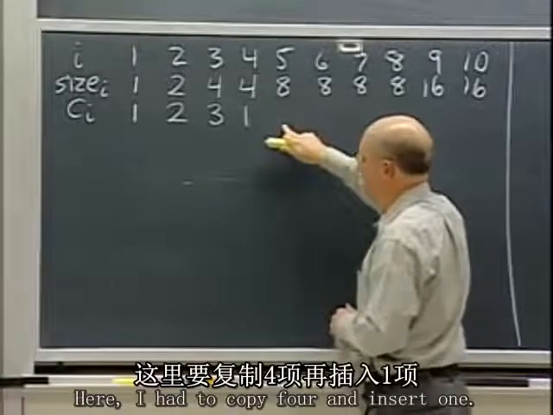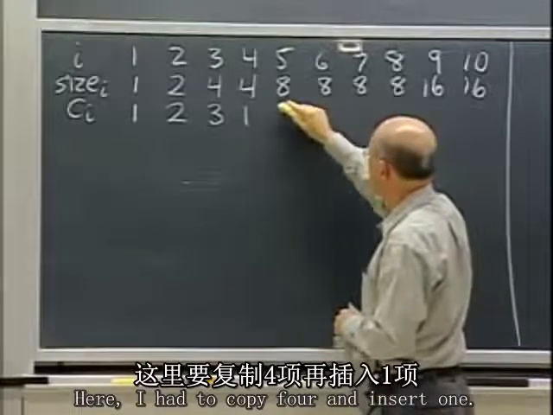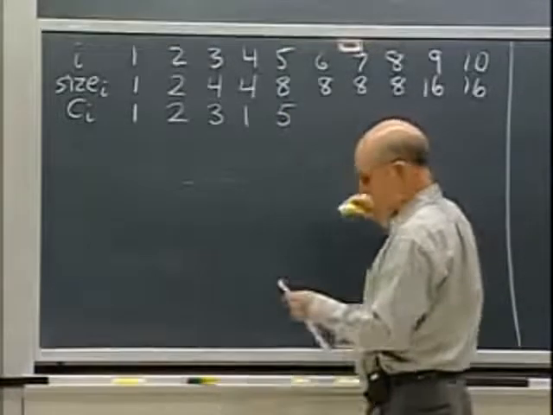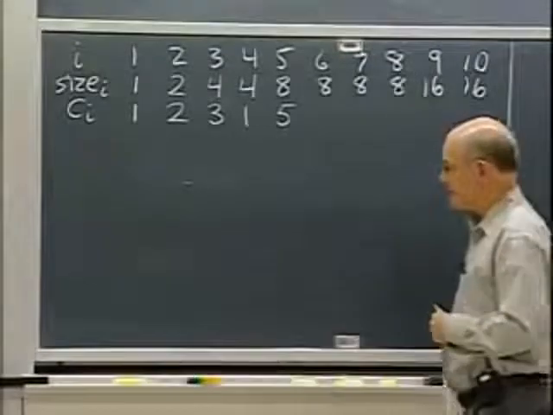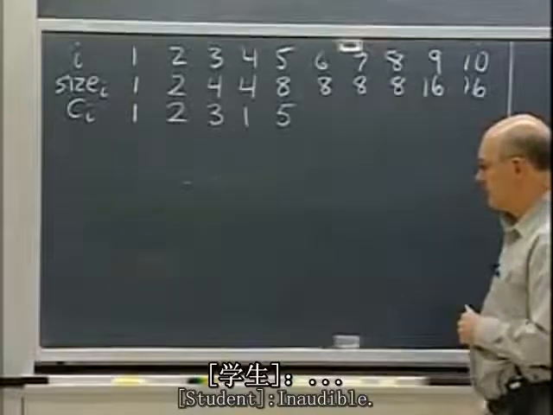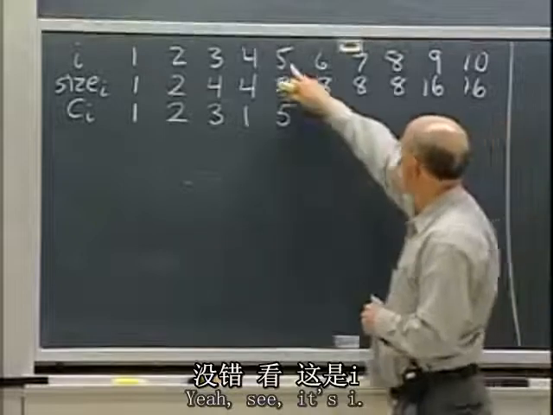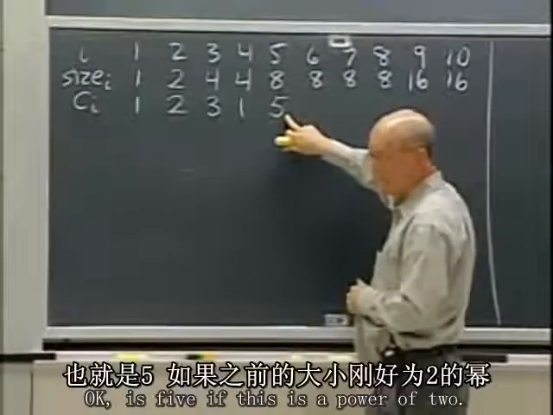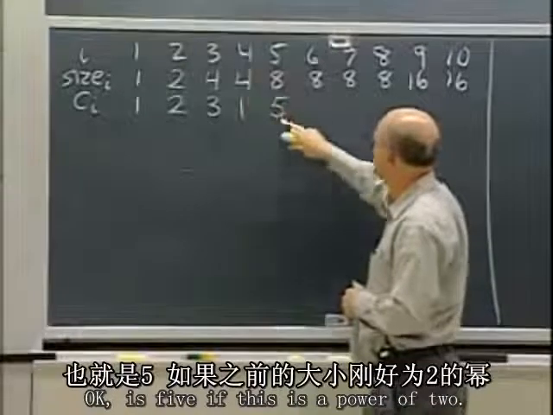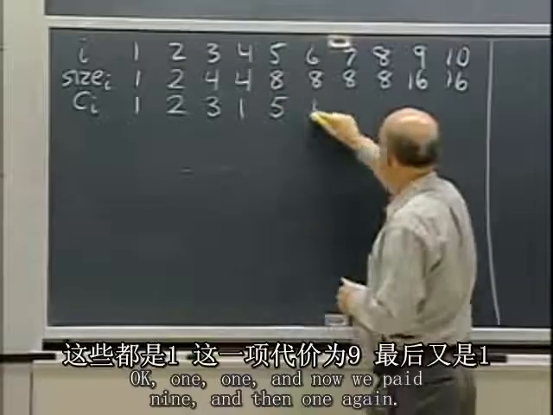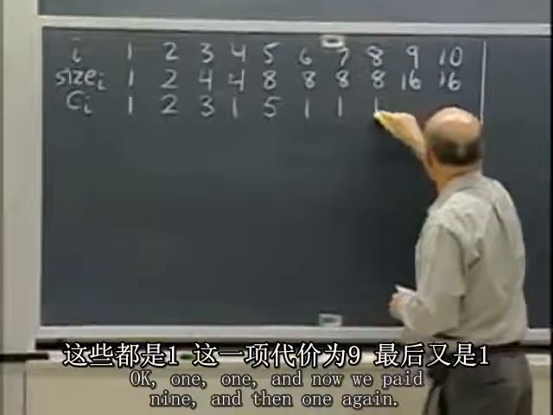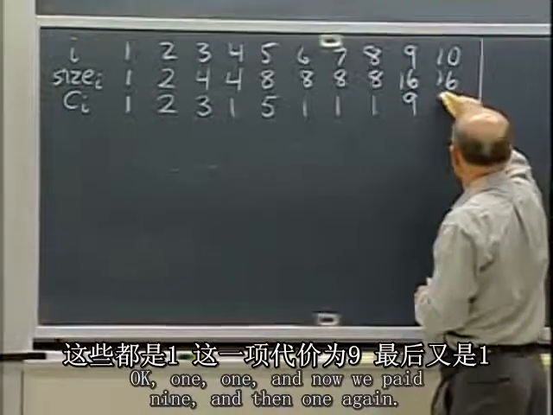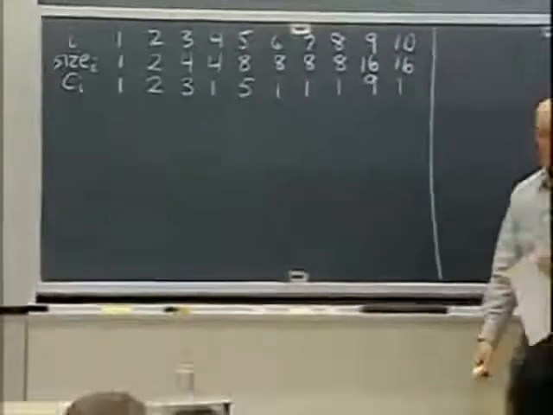Here I had to copy 4 and insert 1, so the cost was 5. Excuse me? I think it is. With i minus 1? Yeah, see? It's i. The cost for 5 is i, if i minus 1 is a power of 2. Okay? 1, 1, 1, and now we pay 9, and then 1 again. So that's the cost we're paying.